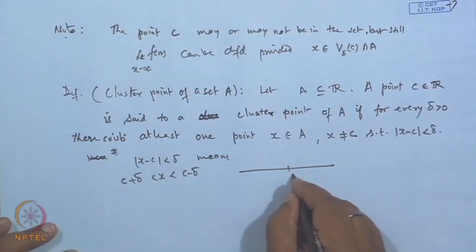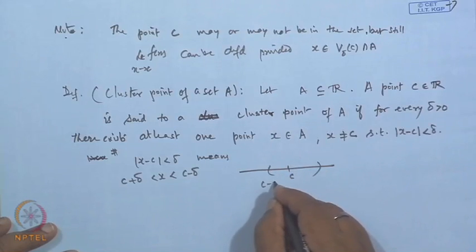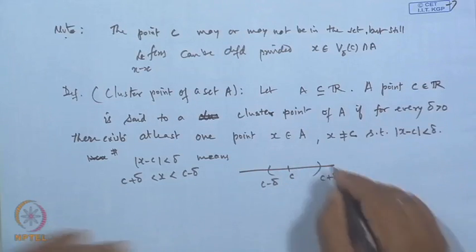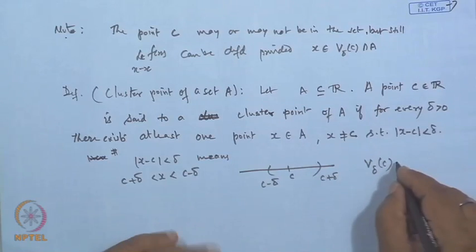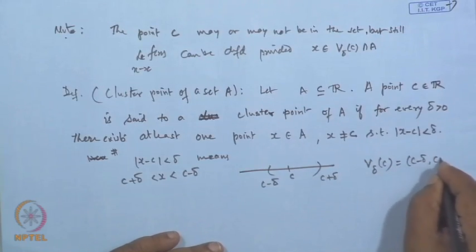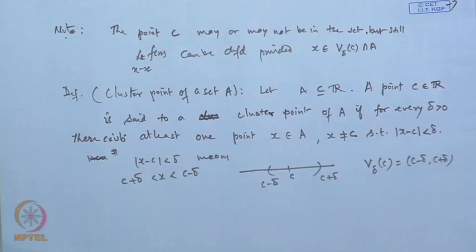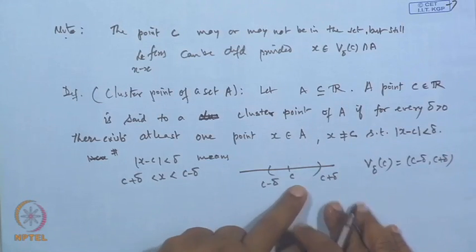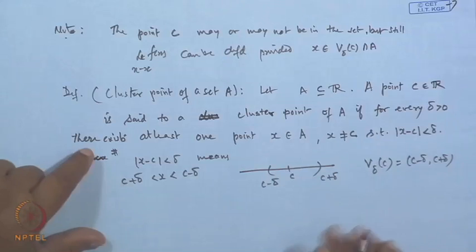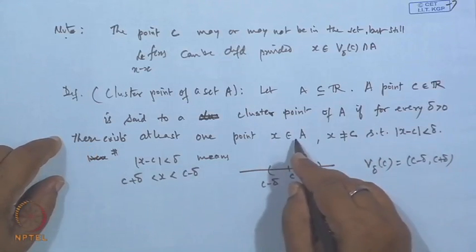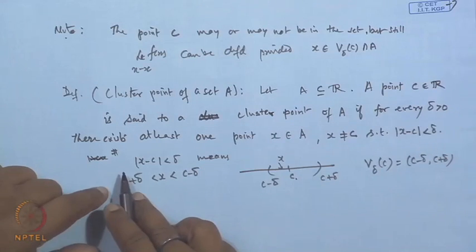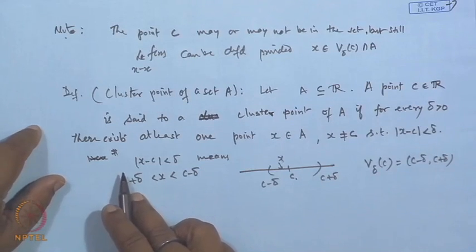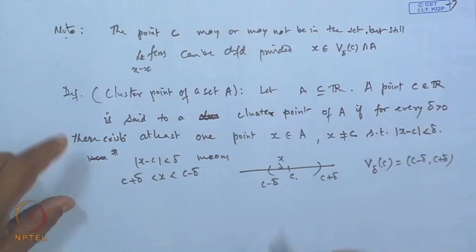It means there exists a neighborhood around the point c, which we denote by V delta of c, that is c minus delta to c plus delta, in which there exists at least one point x different from c, and this is true always for each delta.